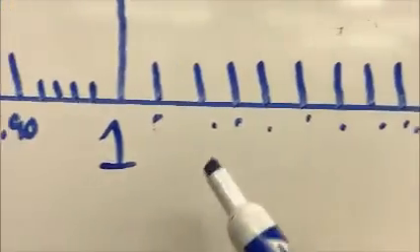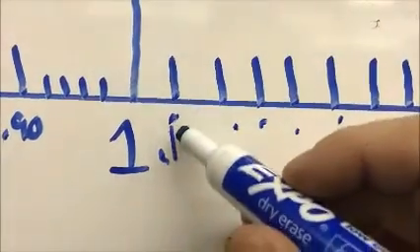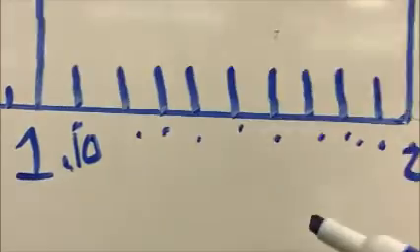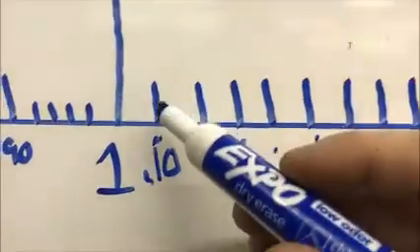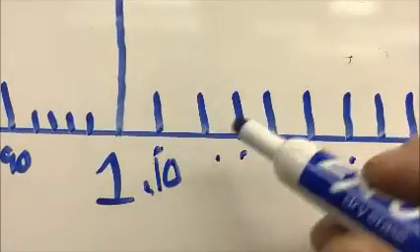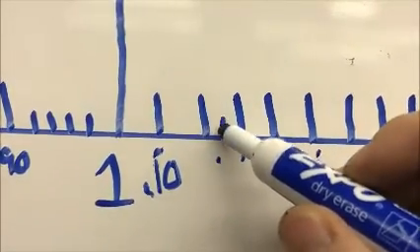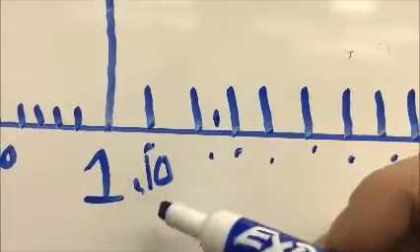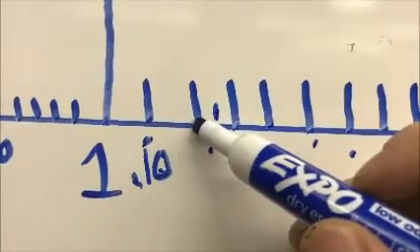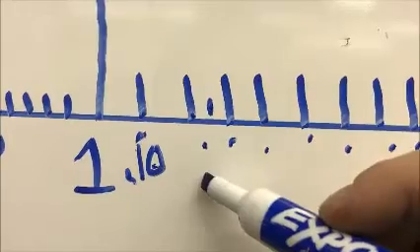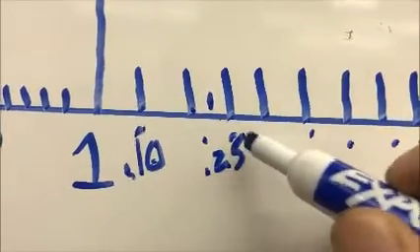There, so I do have the right number of lines. Each one of the big lines equals 0.10, and we don't have the small lines anymore. But let's just guess. If we go right here, what do y'all think that is? 0.10, 0.20. We're halfway, so probably 0.25.